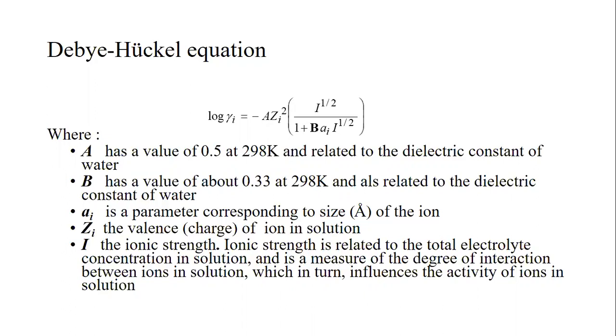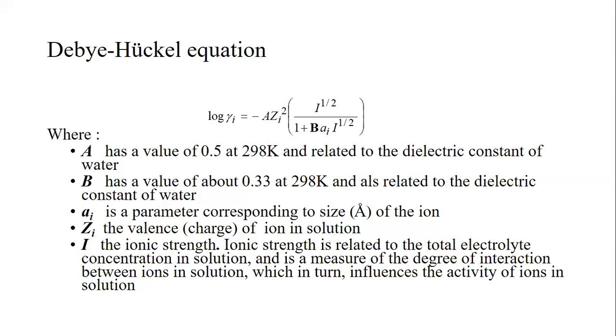We call that the activity. So that's why gamma, with a negative sign here, will always be a negative value, to give you a fraction, less than 1. Remember, activity of B or I or whatever equals concentration of B times gamma.